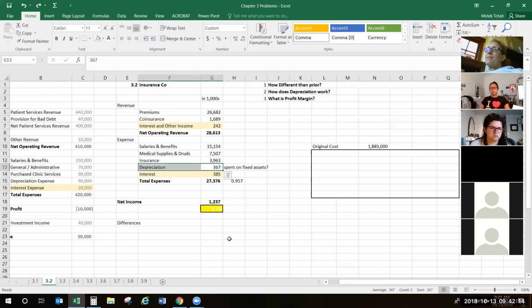It's not actually expending cash. So the depreciation on your cash flow is always going to be something you deduct out. It's not really true cash, okay? You don't want to call it fictitious, because it's not really fictitious, but it is a non-cash charge on your P&L.